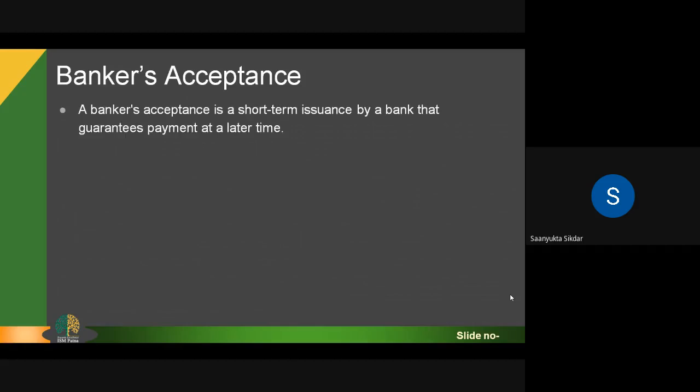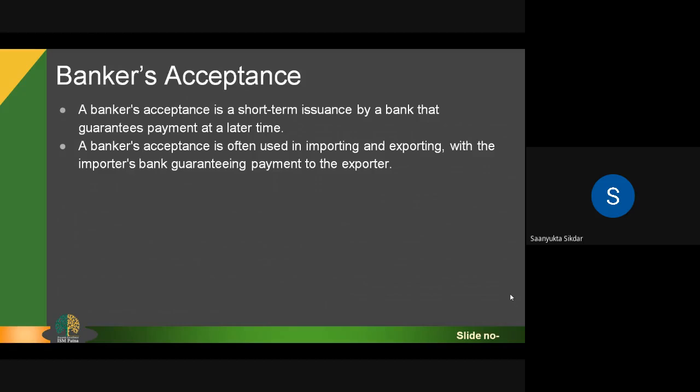Another important instrument we are talking about is the banker's acceptance. Now, what is this banker's acceptance? A banker's acceptance is a short term issuance by a bank that guarantees payment at a later time. A banker's acceptance is often used in importing and exporting, with the importer's bank guaranteeing payment to the exporter.